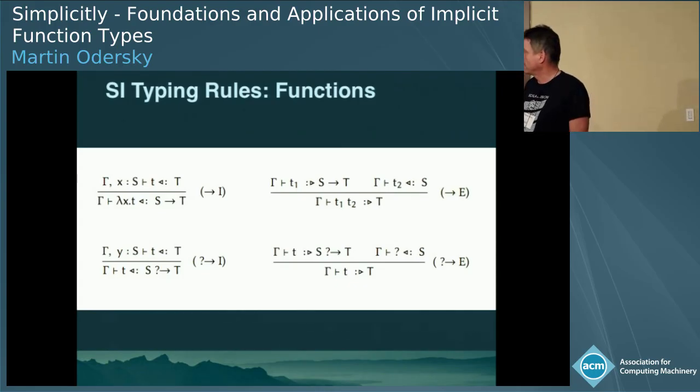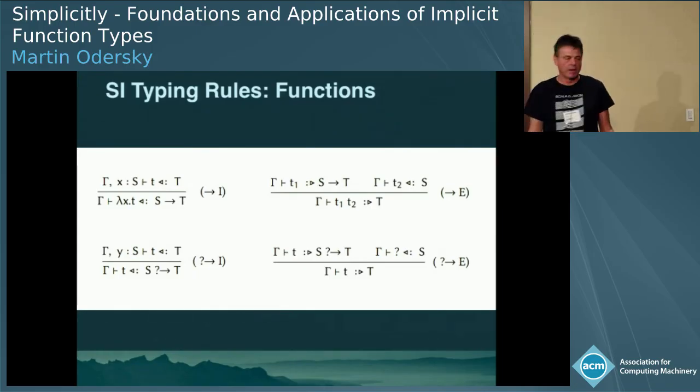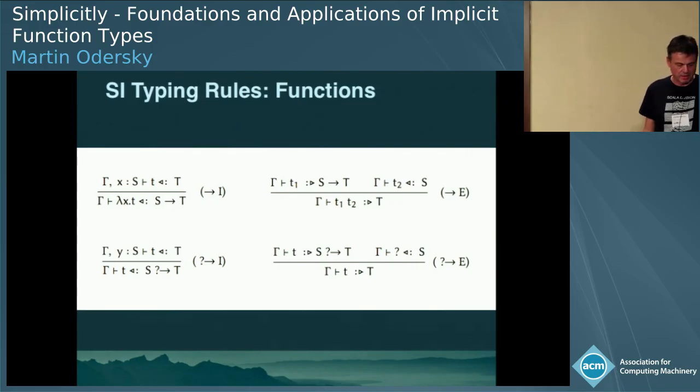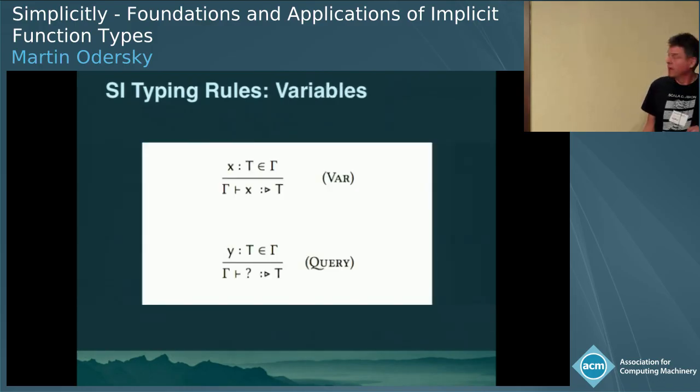And for the implicit application, if t has an implicit function type, and I have a so-called query operator, and an implicit query is successful, then t will also have the result type of t. So I eliminate the argument, but I do that without any argument syntax. The argument is implicit. Okay, so that was function applications.